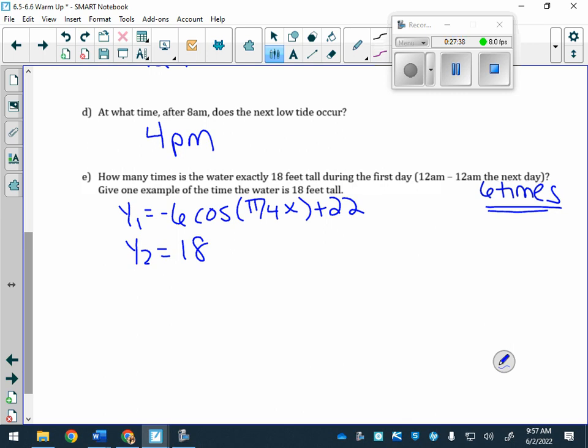So we could come up with a variety of examples. But here you would do y1, y2, okay? And then look for the intersection. Did anyone do that at all? Just curious.